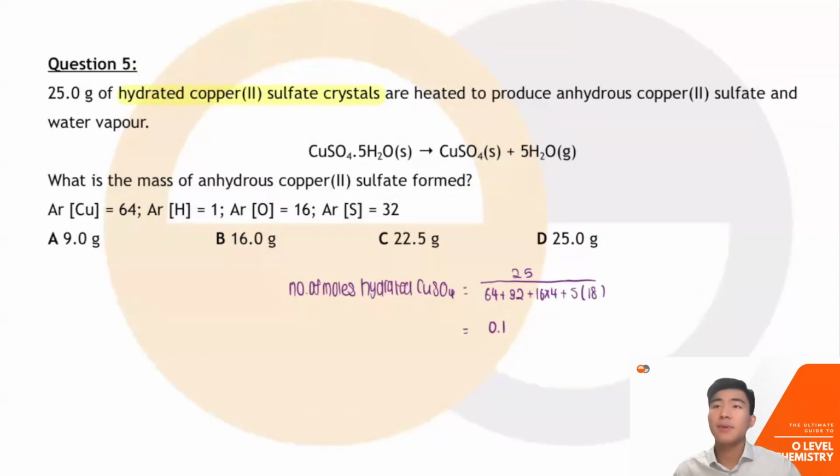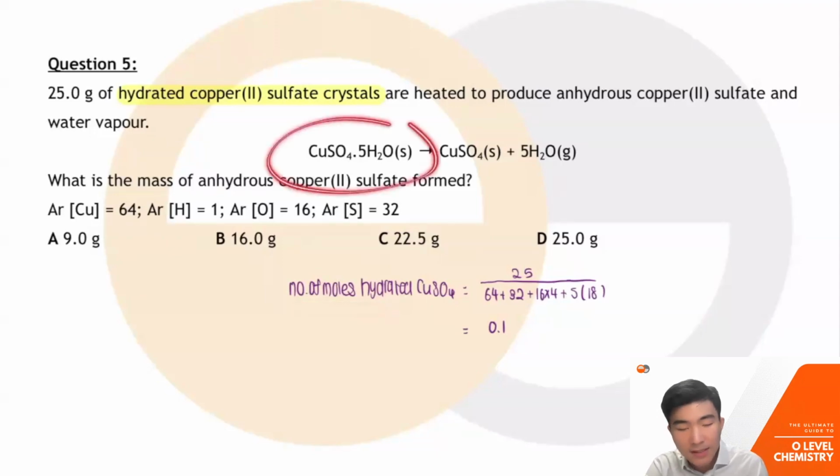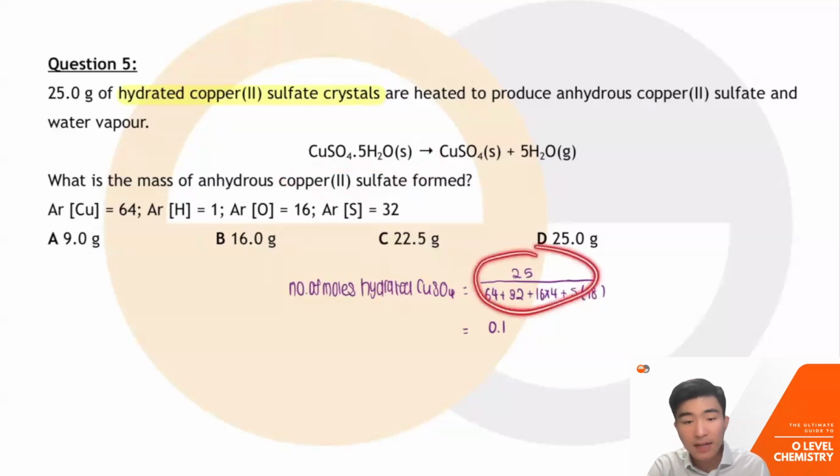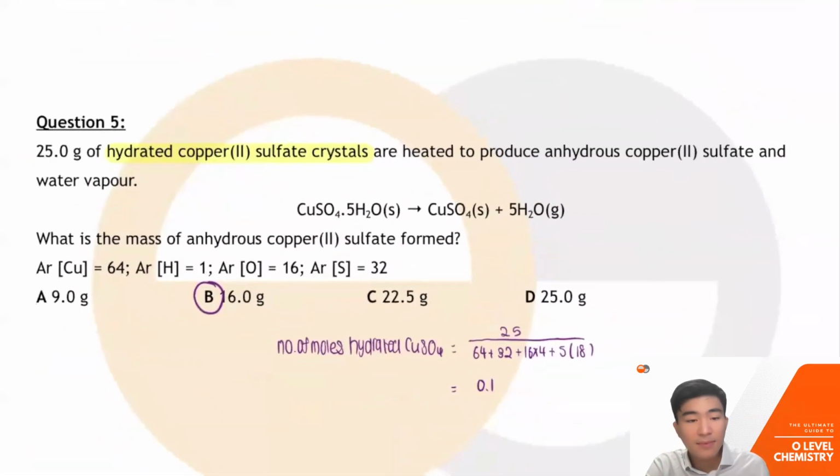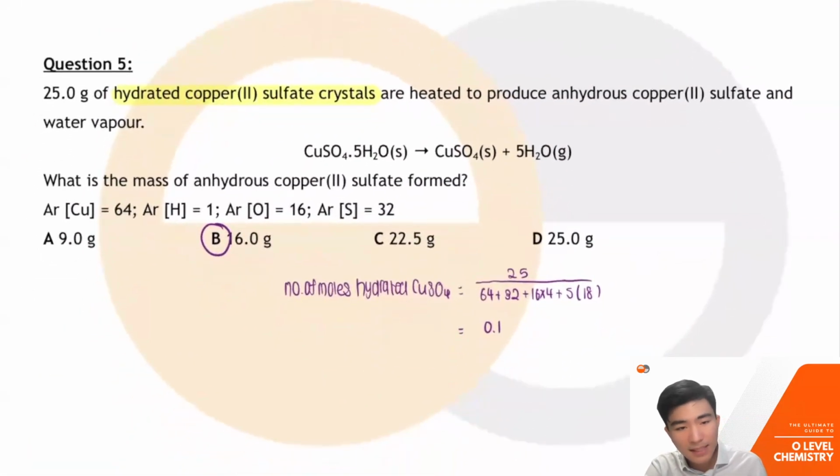Mukunda also says B, Grace also says B. Very good. The first step is always to find the number of moles of the given substance. This one is 25 divided by the Mr of the hydrated copper(II) sulfate, and you will get 0.1 as your answer. Then I take 0.1 multiplied by the Mr of copper(II) sulfate.